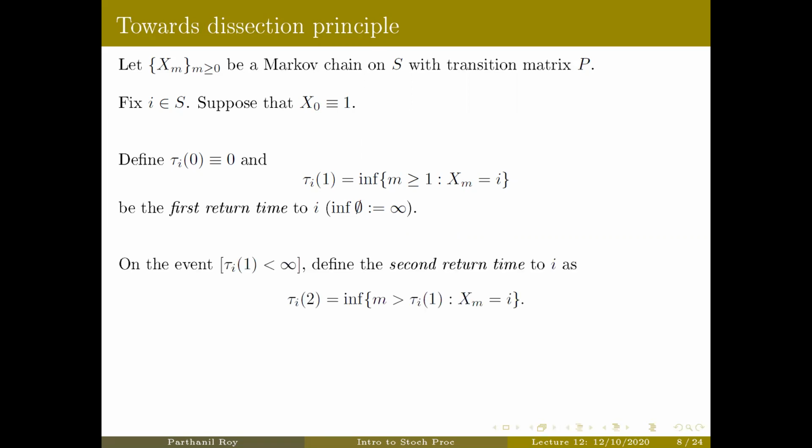The second return time we'll define only on the event when the first return has already happened. In other words, tau I1 is finite.